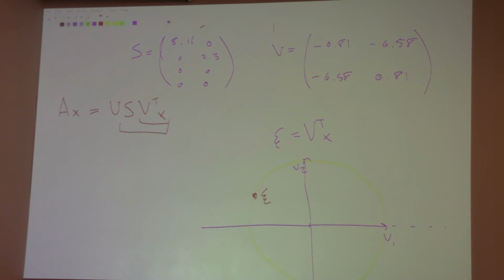What happens next? Well, the next step is to write out eta, which is going to be S times V transpose of x. Okay, so what's going to happen when I multiply it by this S matrix now? Turns out it's going to scale this out.